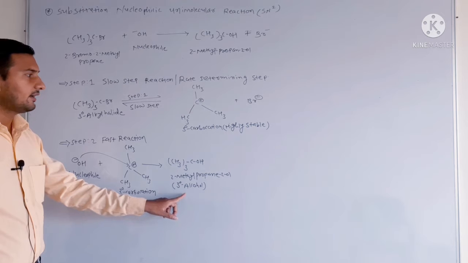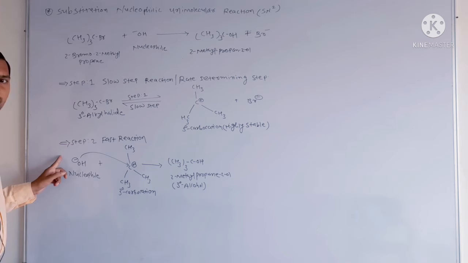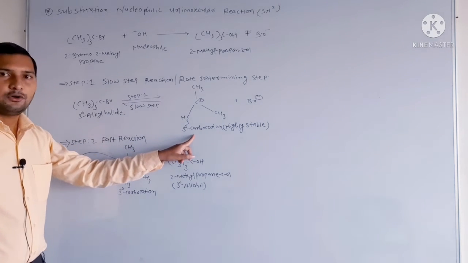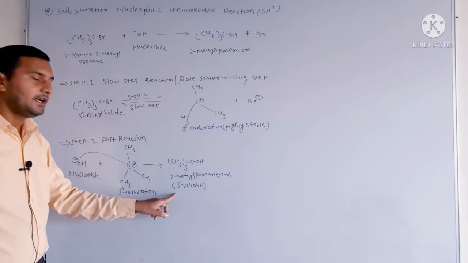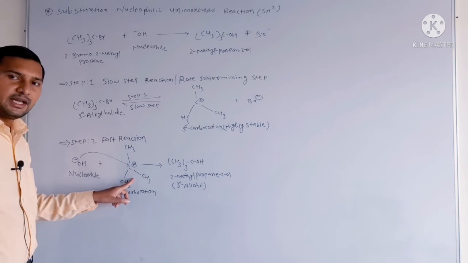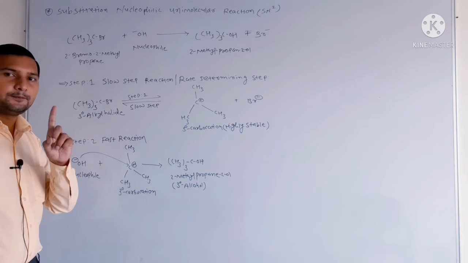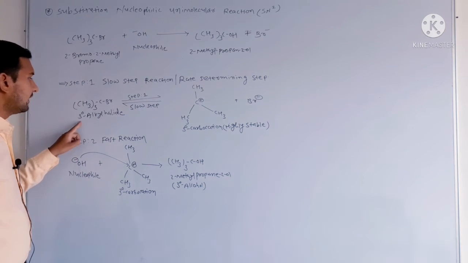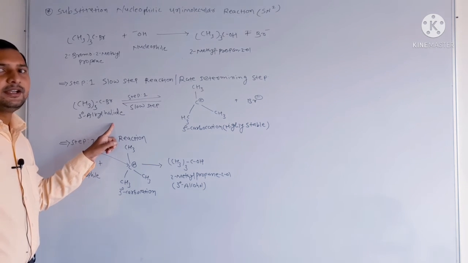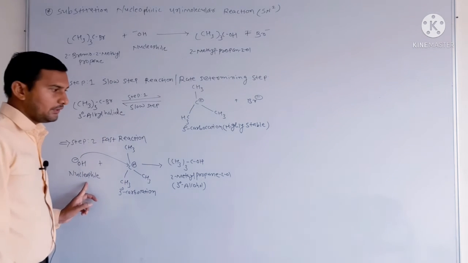So the rate determining step is the first one, and the formation of the tertiary carbocation is very important to the formation of the final product. If this tertiary carbocation is less in number, then we get less product. Therefore, the rate of reaction depends on only one component, our main substrate, the tertiary alkyl halide, and is independent of the concentration of hydroxide ion or nucleophile.